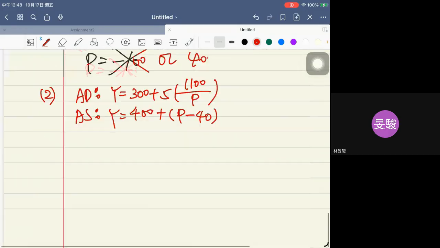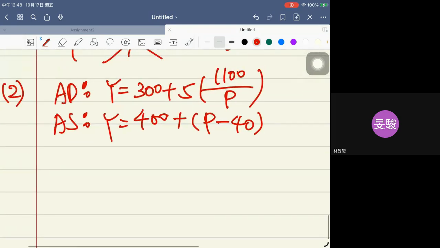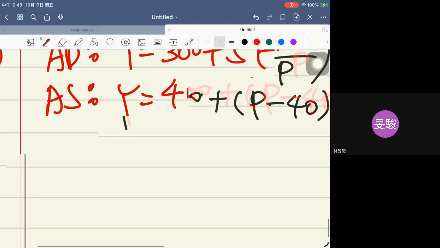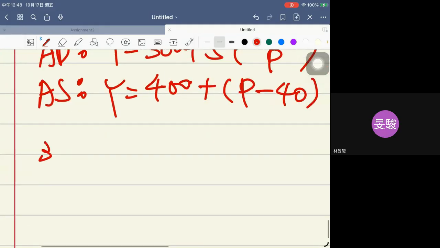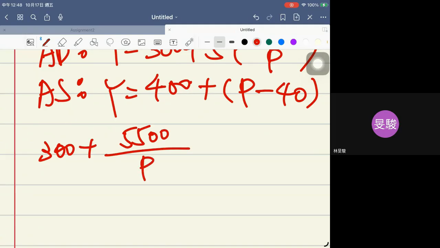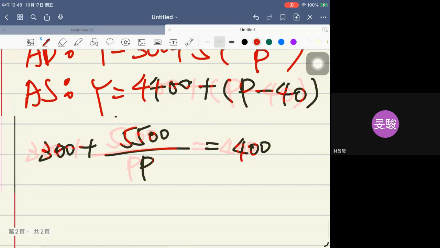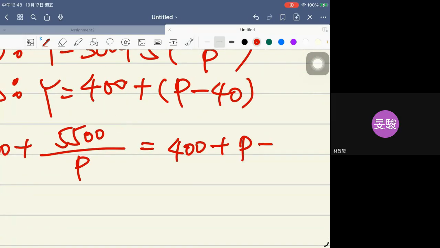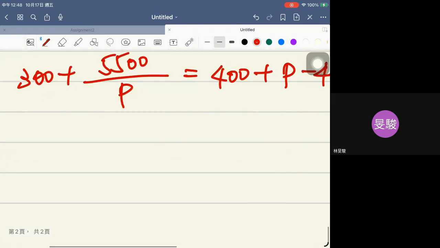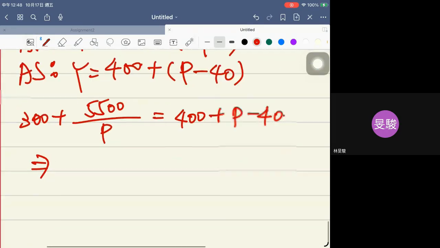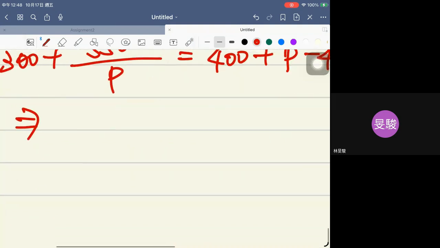Okay, so the procedure is just step by step. So 300 plus 5,500 over P equals P. And we get that, you can calculate this yourself because it's high school math.